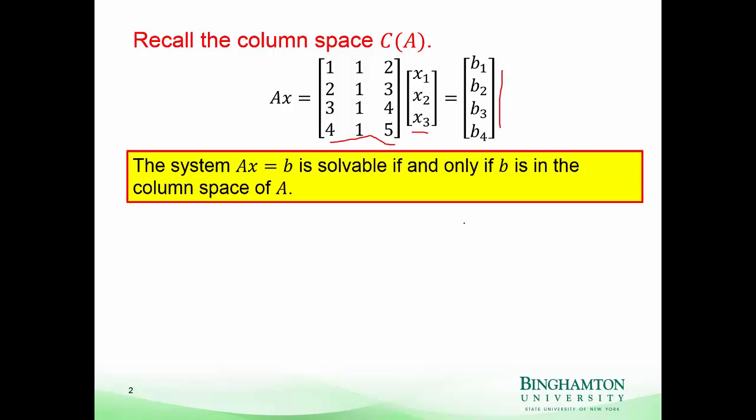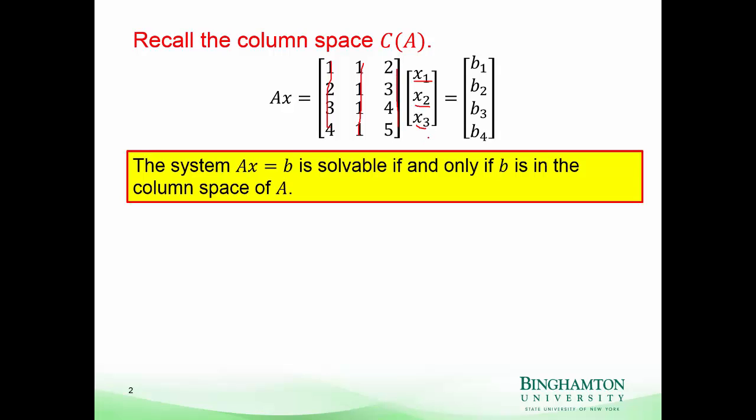And one of the important things that we saw in the last set of notes is that the only way that we have a solution for X is if the vector B lies in the column space of A. Because remember, this action of doing A times X is really forming linear combinations of the columns. So we'll have x1 times this column plus x2 times this column plus x3 times the last column.